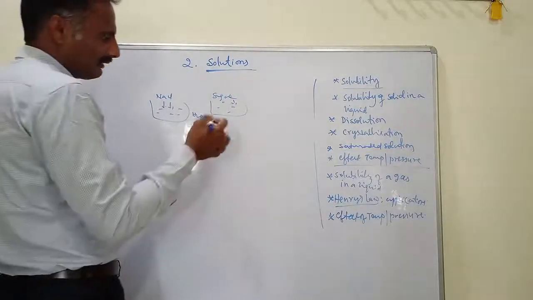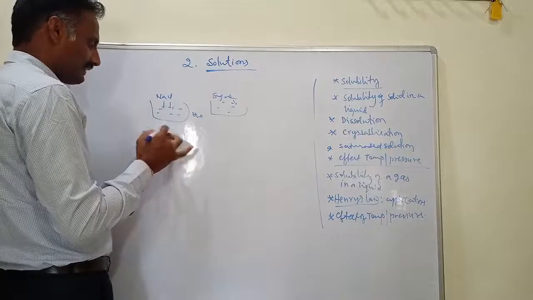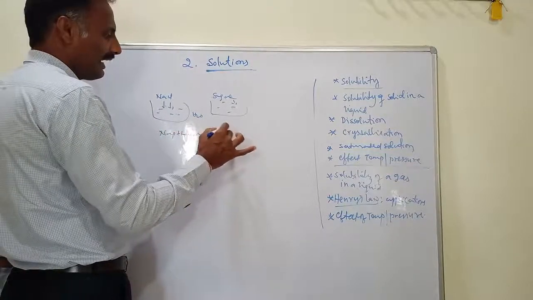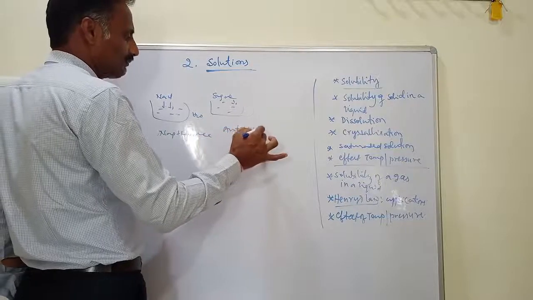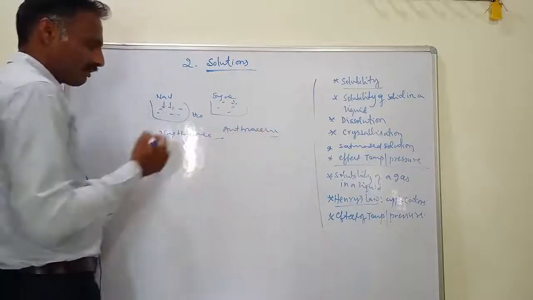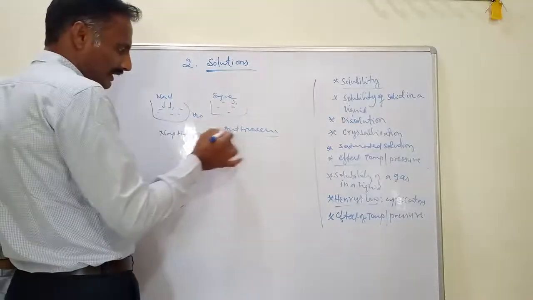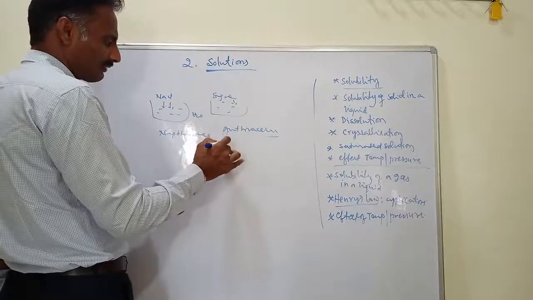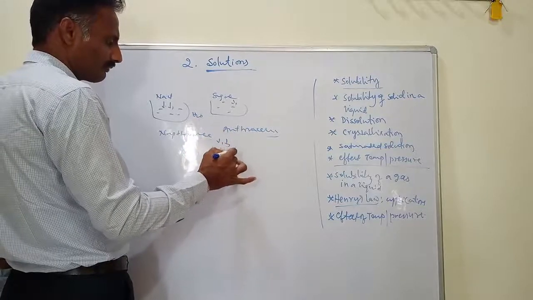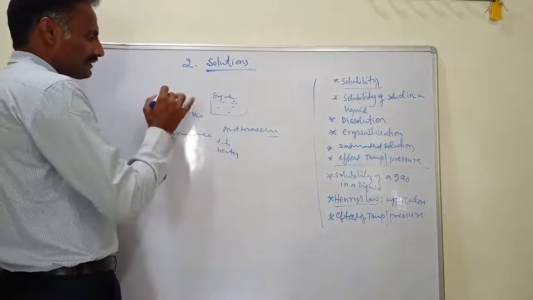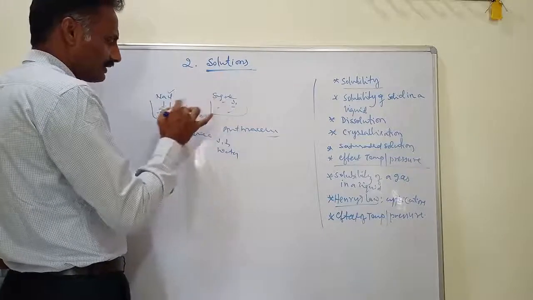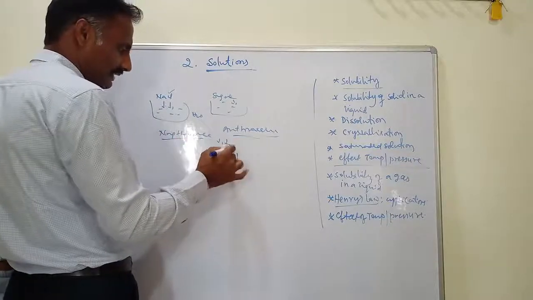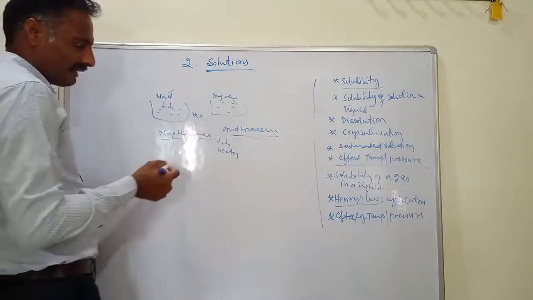But naphthalene and anthracene, which are organic compounds and aromatic hydrocarbons, are insoluble in water. They are not soluble in water. Substances like sodium chloride and sugar are soluble in water, but substances like naphthalene and anthracene are insoluble in water, and vice versa.